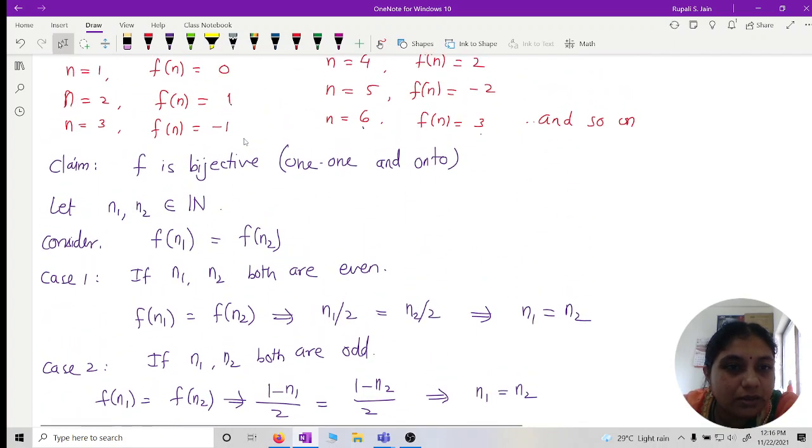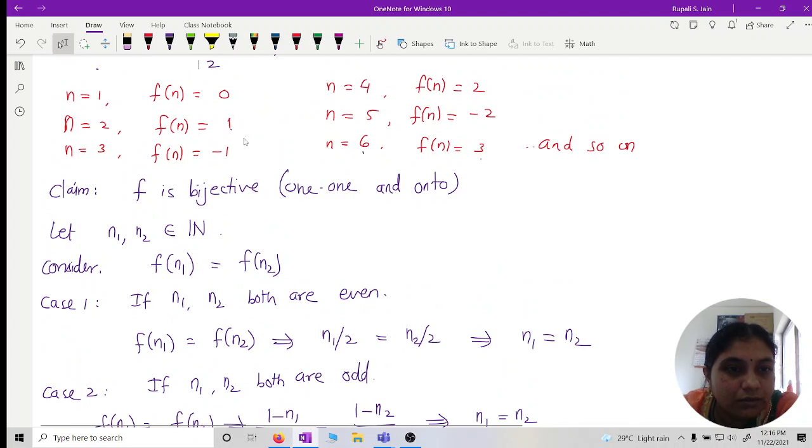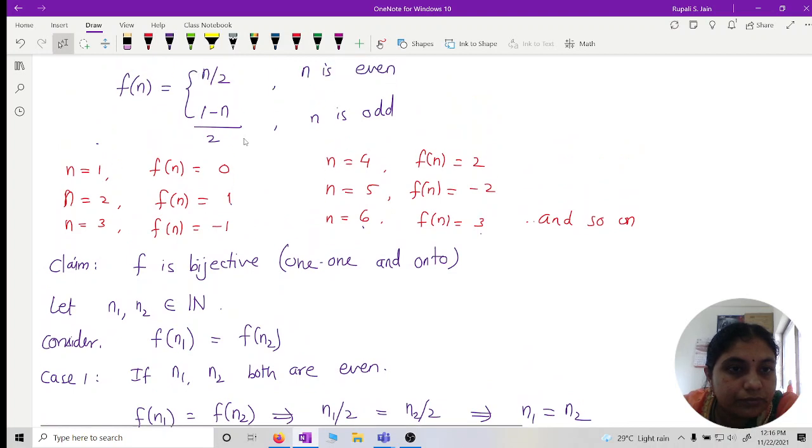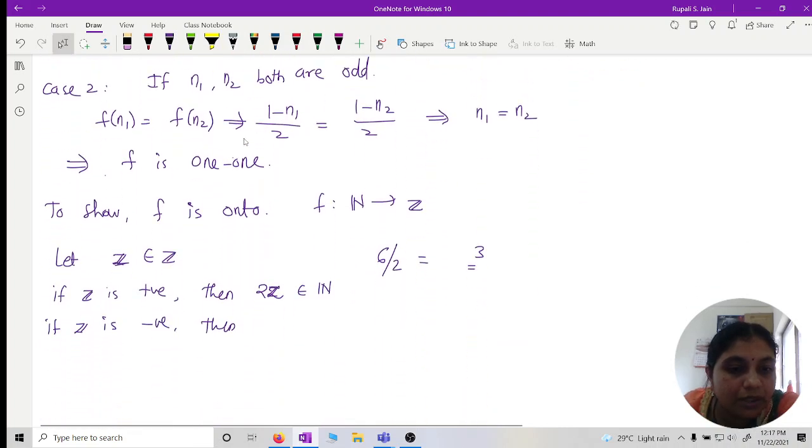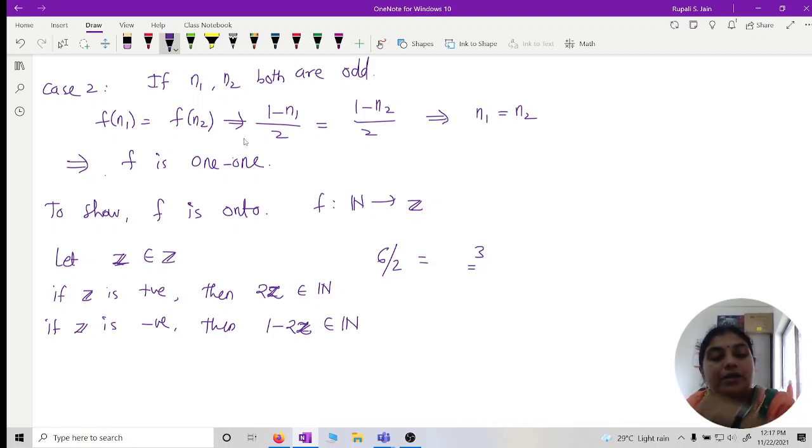Z negative असेल तर टू टाइम्स z, 1 minus 2 times z, right? 1 minus 2 times z. One minus 2 times z. That will also belong to a natural number. Are you getting this?